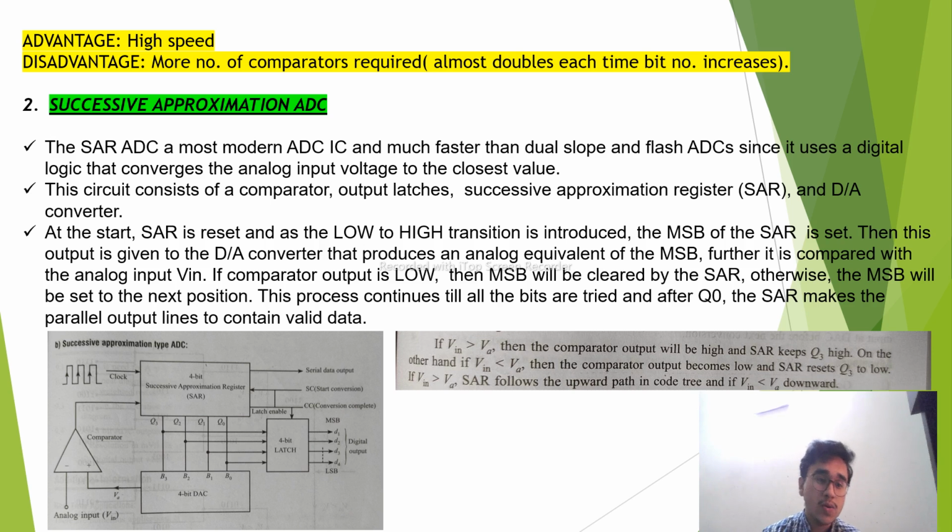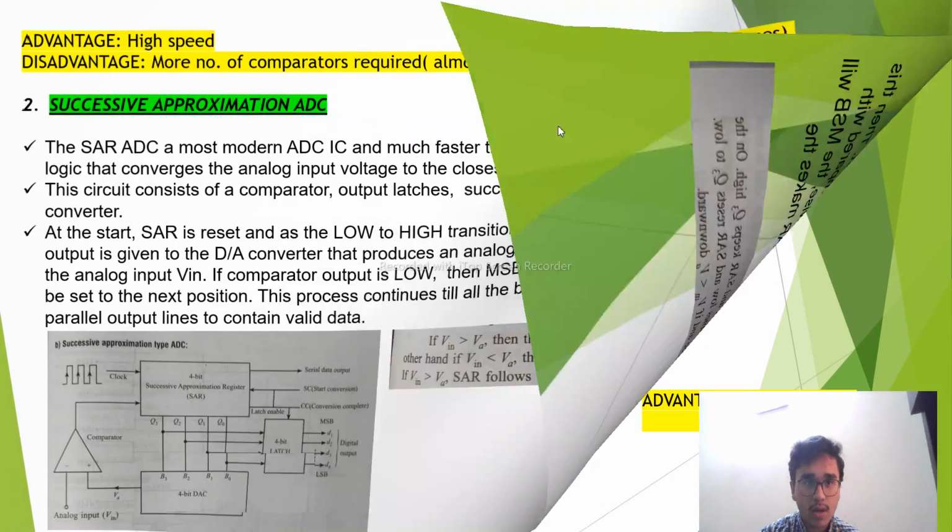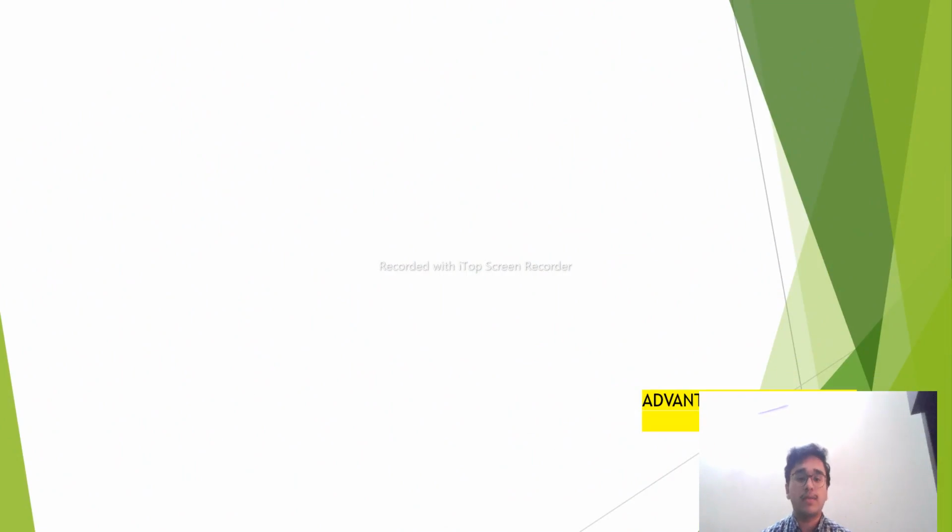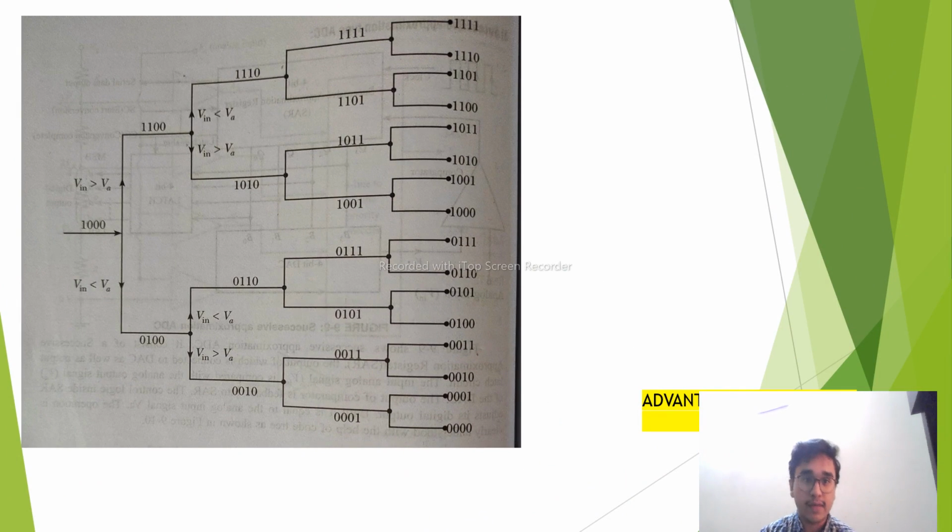So it keeps on comparing with the output of the DAC. I have the overall diagram that gives you the complete information of the comparison. Here also they have taken 1000. The binary number 1000 is nothing but 8, right?